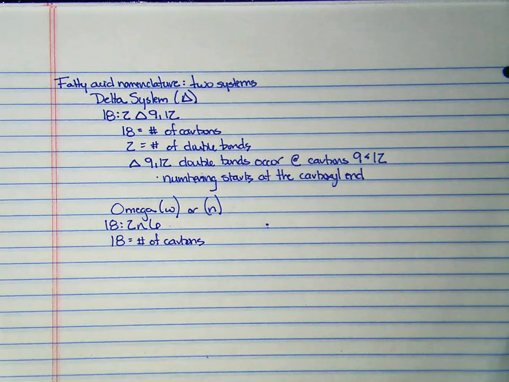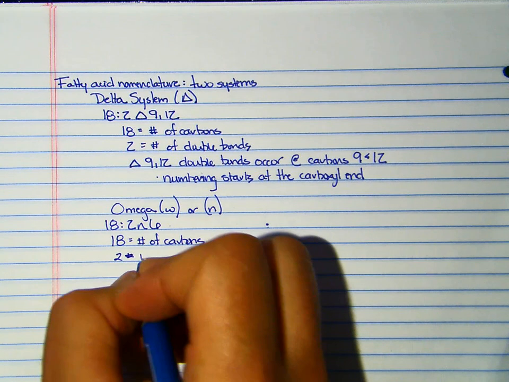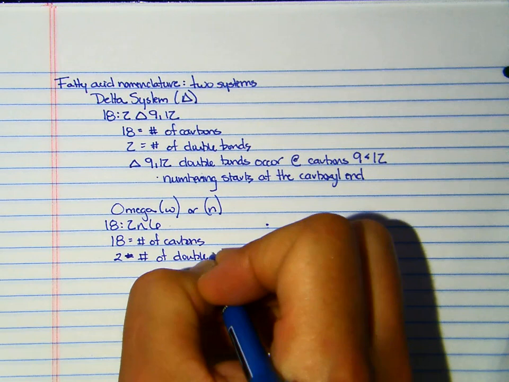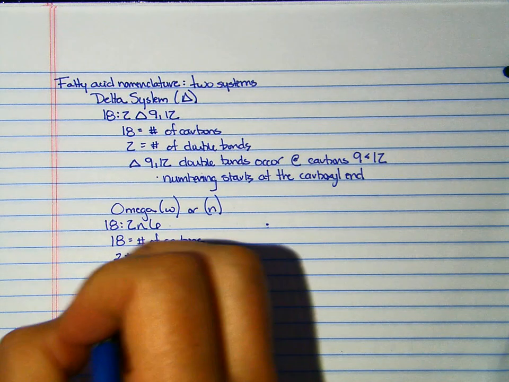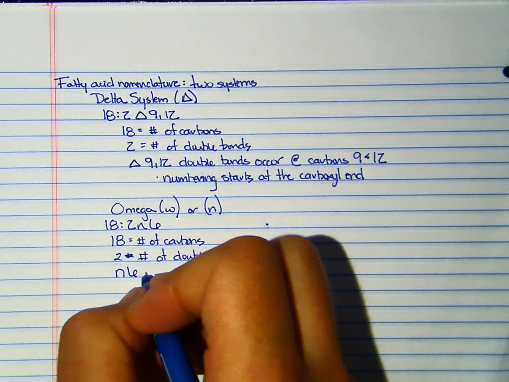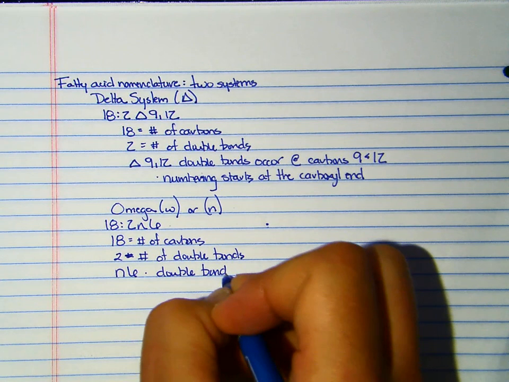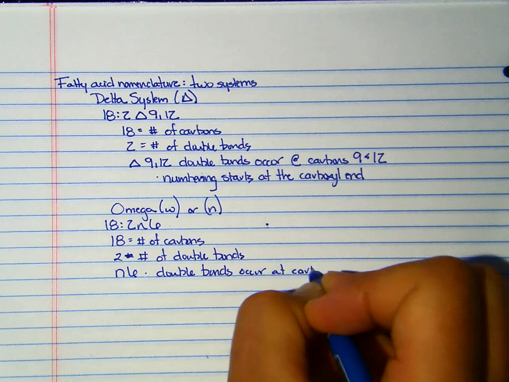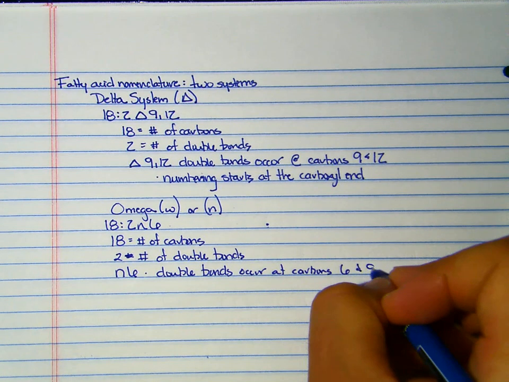So some similarities. 2 equals the number of double bonds. And omega 6 tells us double bonds occur at carbons, because we know there's 2, so it's carbon 6 and 9.